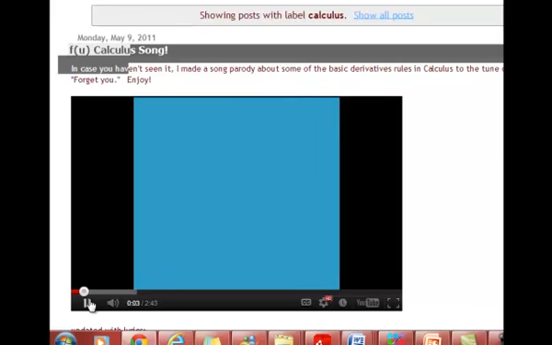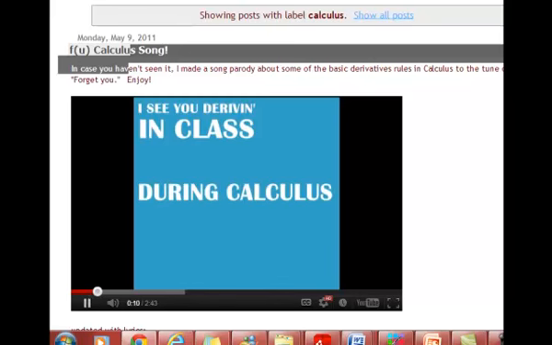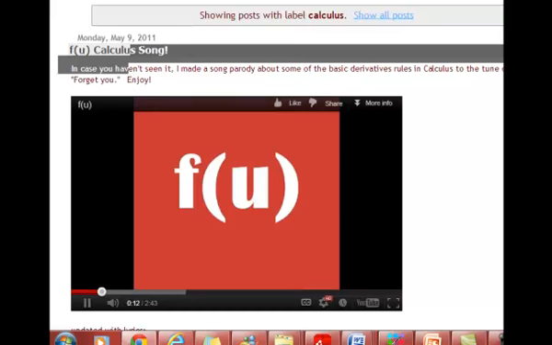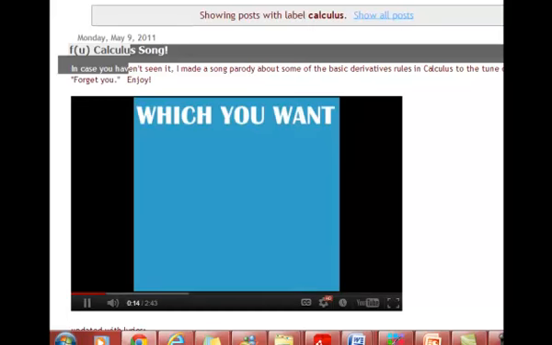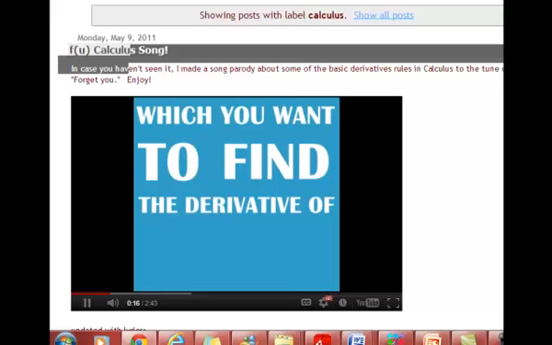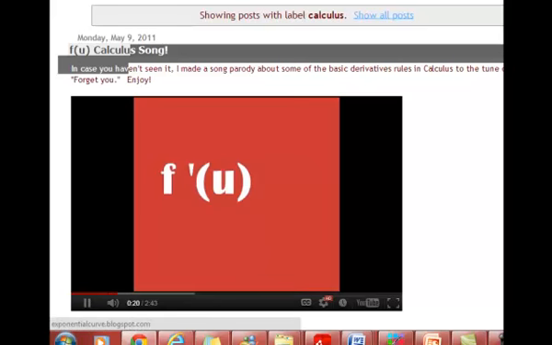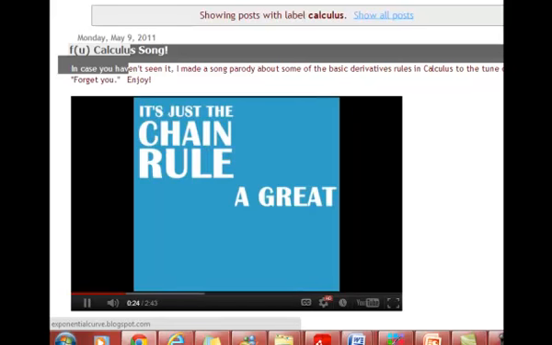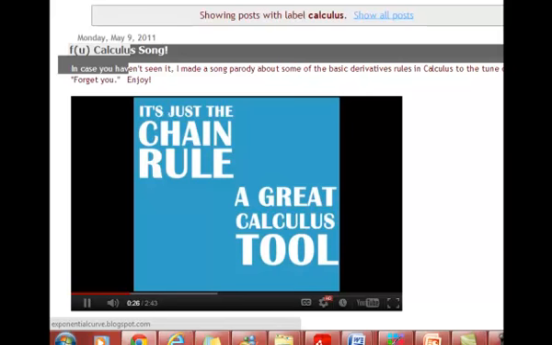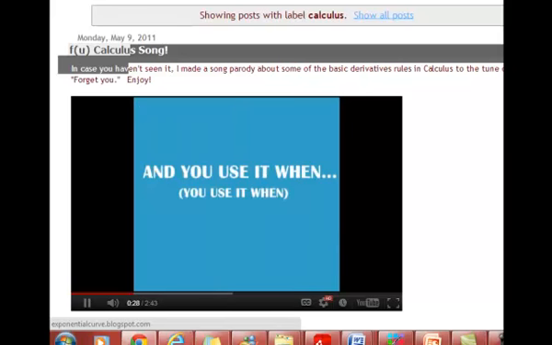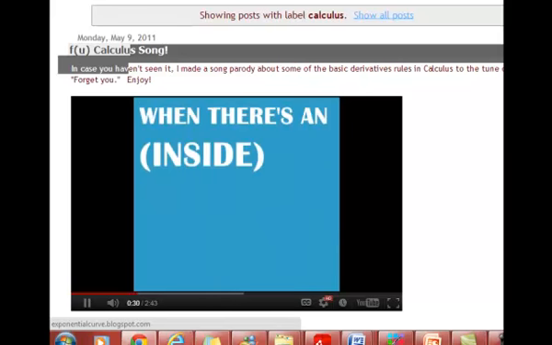I see you deriving in class during calculus, and you got f of u, which you want to find the derivative of. It's just f prime u and a du. It's just the chain rule, a great calculus tool. You use it when there's an inside and an outside that you can write as f of u.